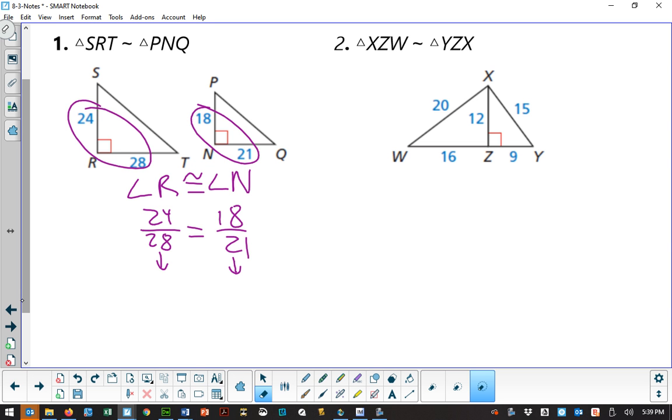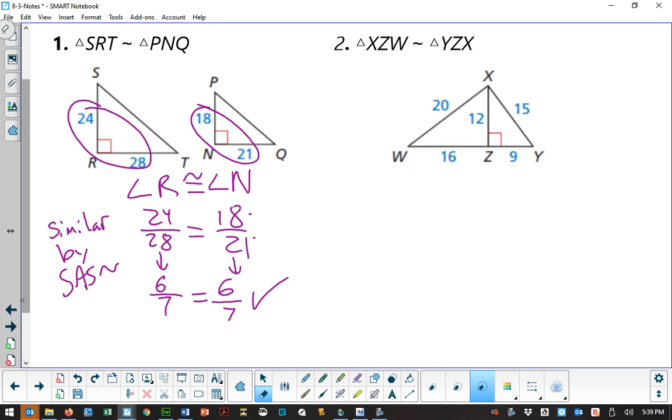I think 4 goes into both here. 4 goes into 24 6 times. 4 goes into 28 7 times. I think 3 goes into both of these. 3 goes into 18 6 times. 3 goes in there 7 times. Yes, 6 sevenths is 6 sevenths. So these are similar by side angle side similarity. And that's how we prove it.